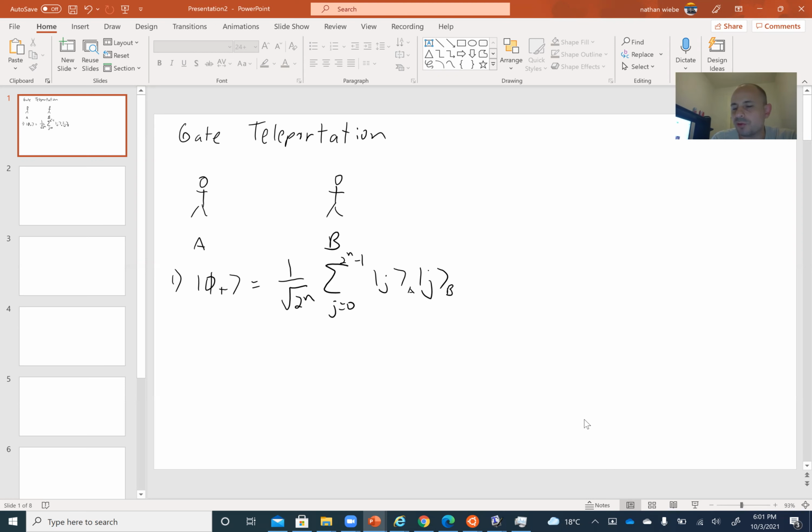These two registers are perfectly correlated. And this state is known to be what's called an entangled state, which means that we cannot write it as a tensor product of two other states. So that's the state that they begin with. Then what they do is they apply the transformation identity tensor U acting on phi plus, where, just to be clear, this unitary is acting on Bob's space.